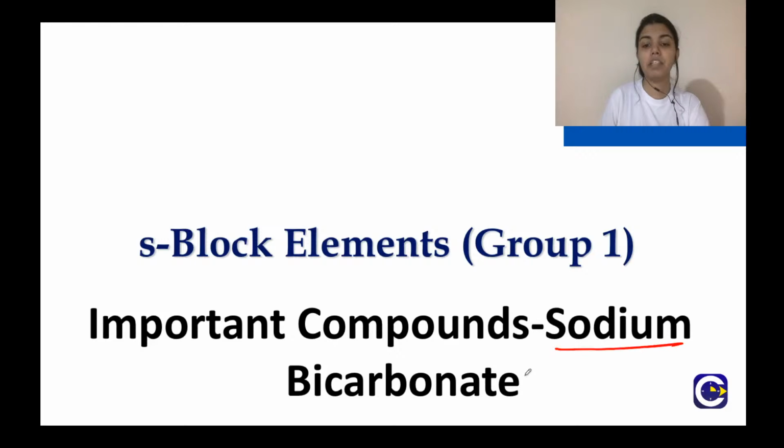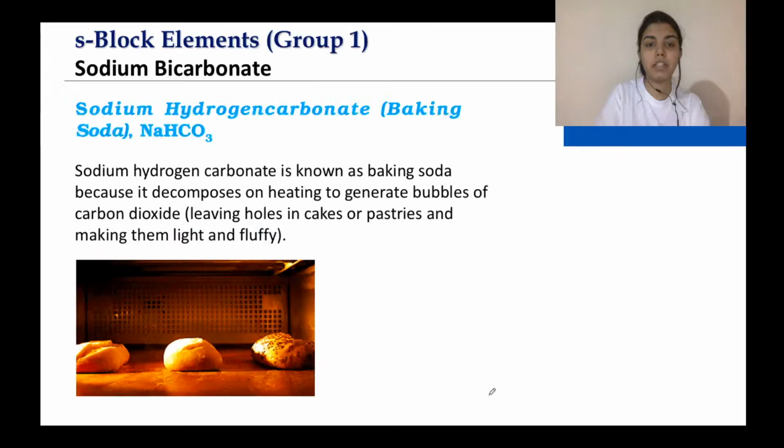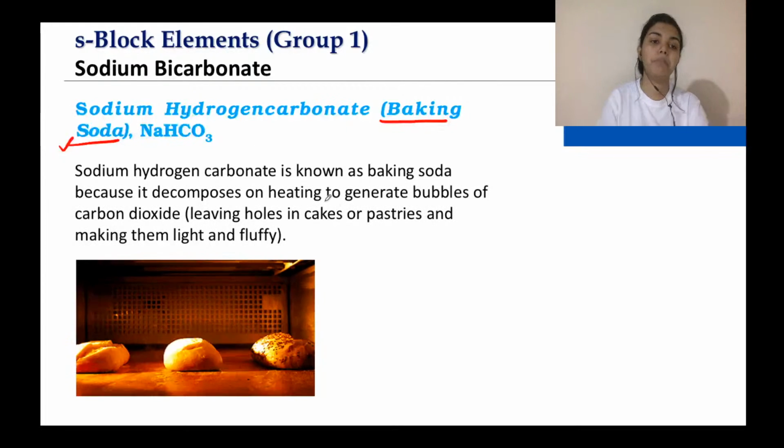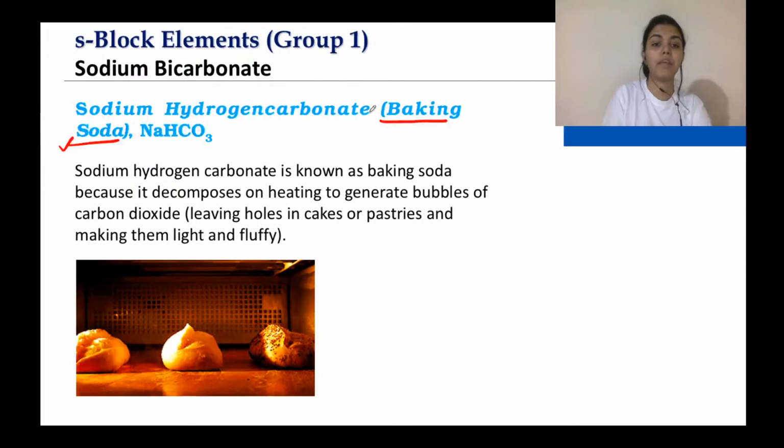Now next we will learn about sodium bicarbonate, which is the baking soda that you use at your homes also, right? For baking things like in idli also it is used, right? In which a fluffy part is required, basically baking soda is used there. Okay, in cakes also it is used while you are baking the cake or the pudding, right?